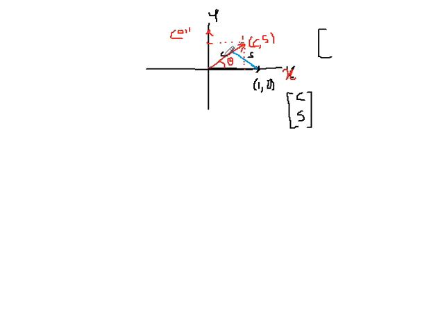The projection is scaling this point CS by a value C, so it has to be the multiplication by C. So for the projection matrix, the first vector: CS is our vector, but it gets multiplied by C, so it would be C square and CS.